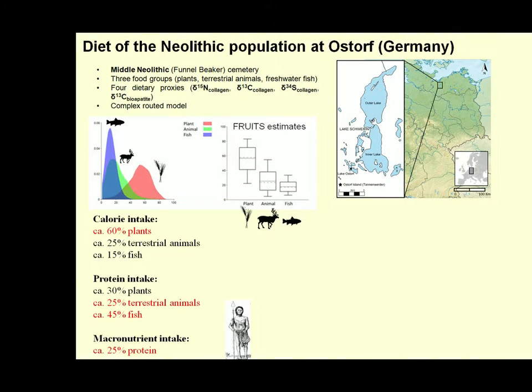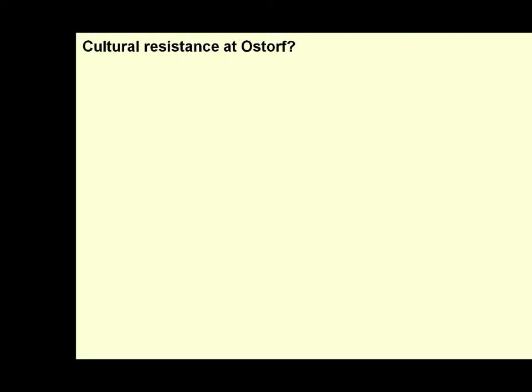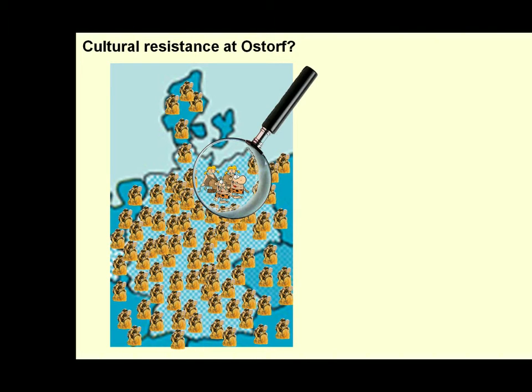One of the possible interpretations here in terms of models is that we could perhaps talk about a phenomenon of cultural resistance, in which both metaphorically and literally we have an island of individuals who adopt a lifestyle more characteristic of the Mesolithic, but they are surrounded by a sea of populations adopting a mode of living more characteristic of the Neolithic.